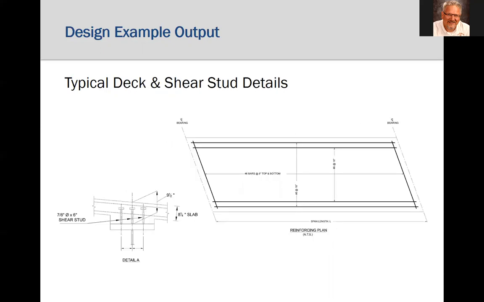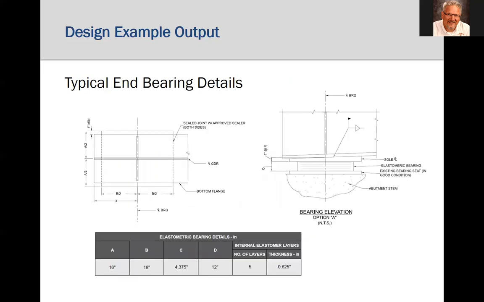The stud layout is actually shown on the elevation views, and the deck design is by the AASHTO empirical method. The simple elastomeric end bearings are adequate and economical for simple span steel bridges.